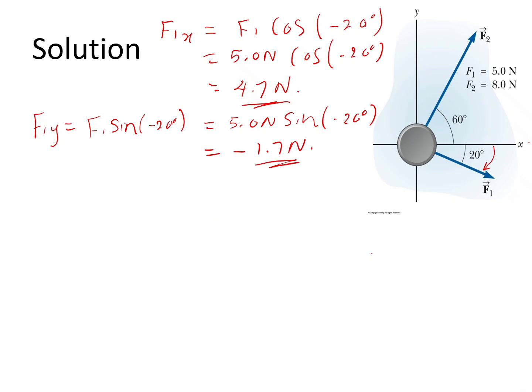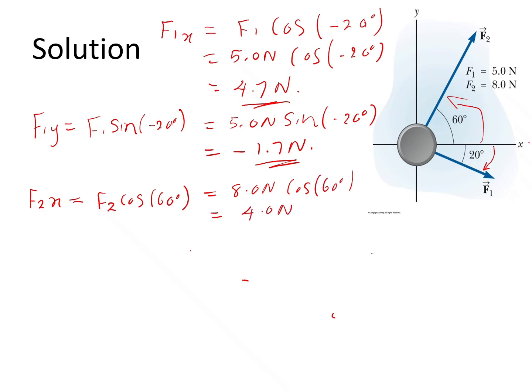Similarly, we can find F2x, which is F2 cosine 60. Here, this 60 degrees is measured in the counterclockwise direction, so it is just a positive angle. This gives you 8 newtons times cosine 60, which is equal to 4 newtons.